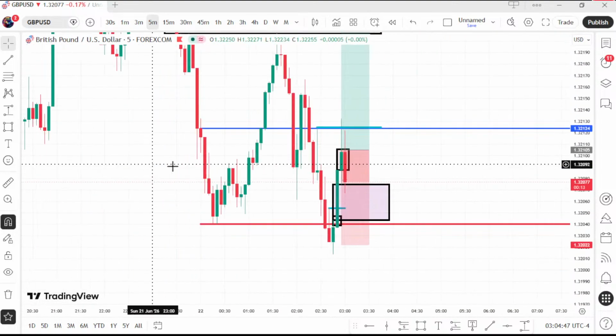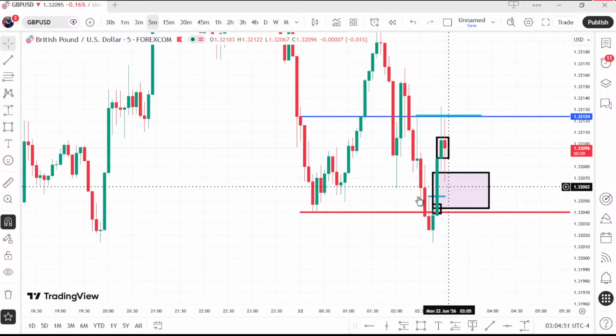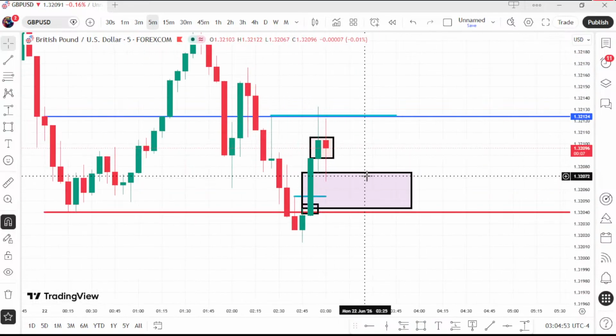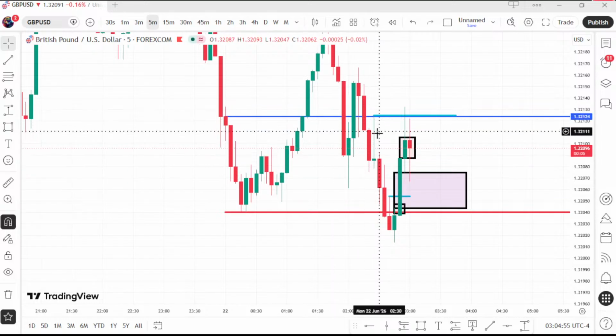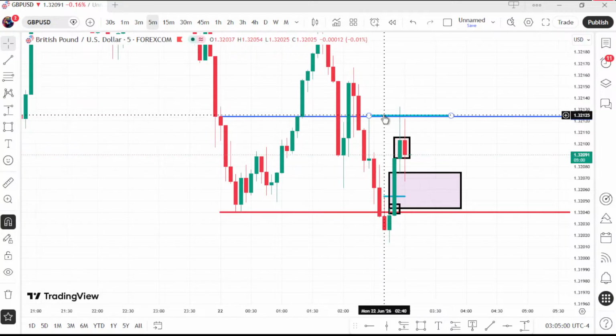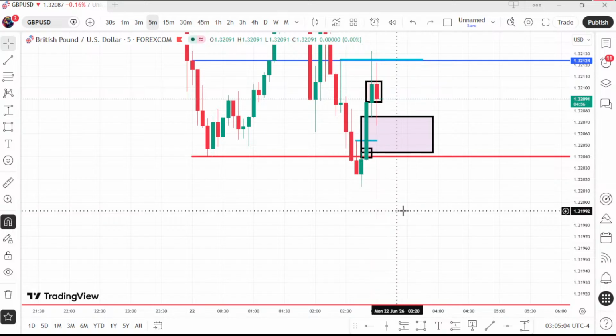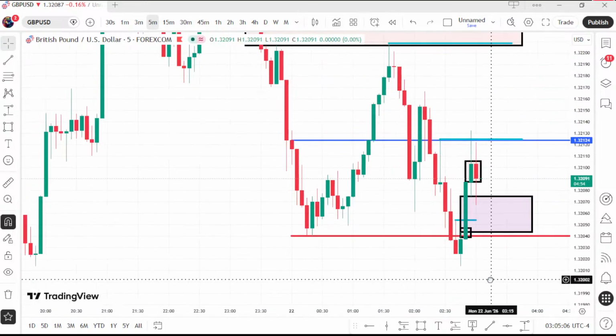Yeah, so maybe you see this is a swing high, so maybe price came, took out that buy side liquidity, then now will decline lower rapidly to the sell side liquidity.